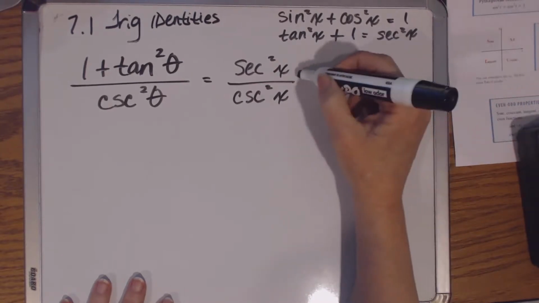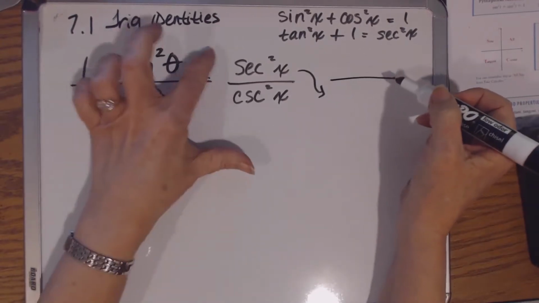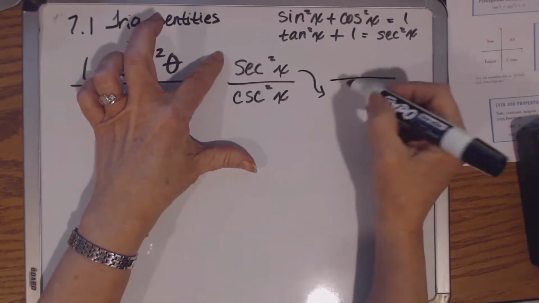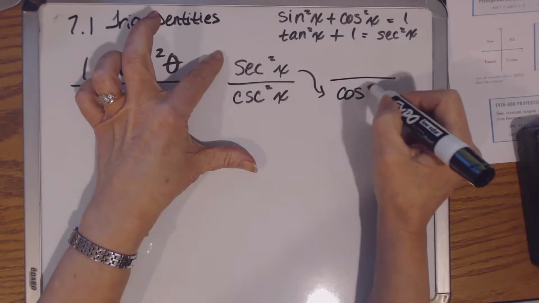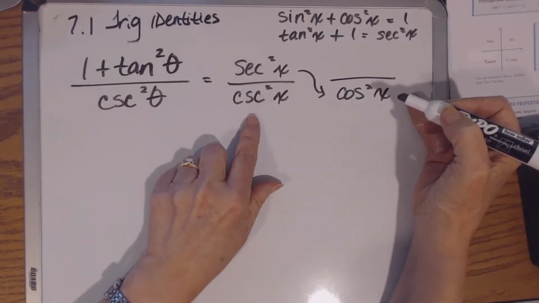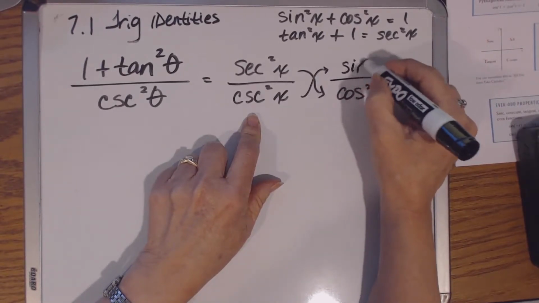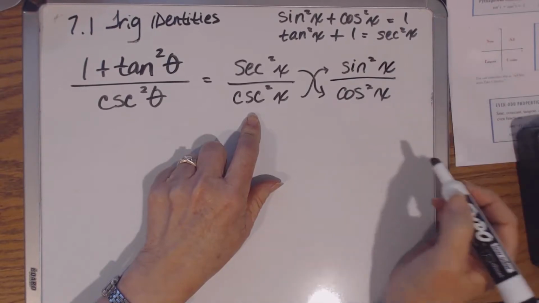So as a little shortcut, secant squared of x is the same as cosine squared of x in the denominator, and cosecant squared of x is the same as sine squared of x in the numerator.